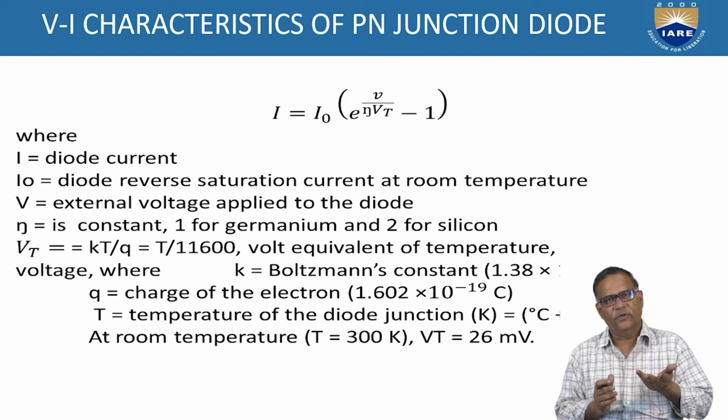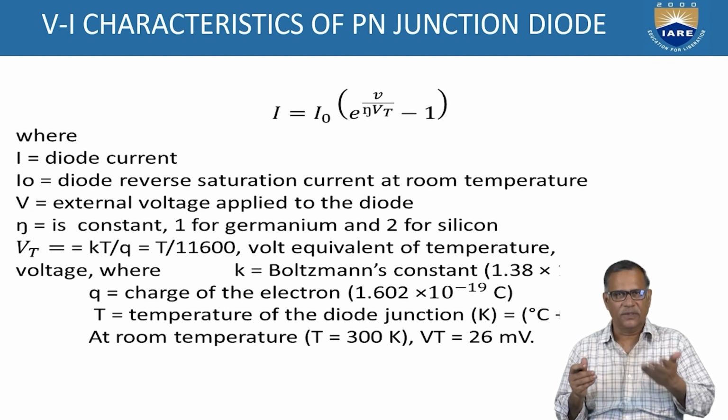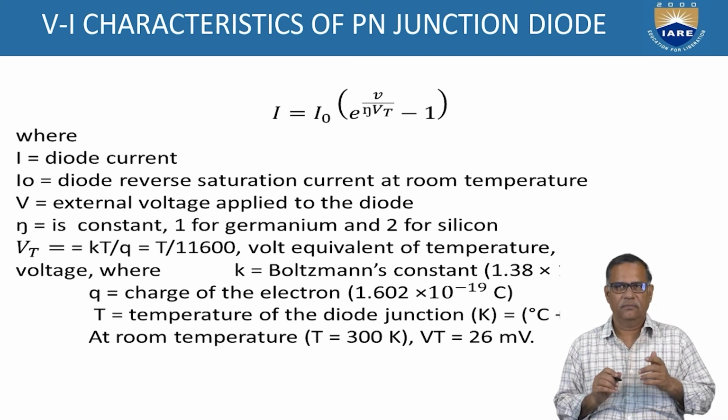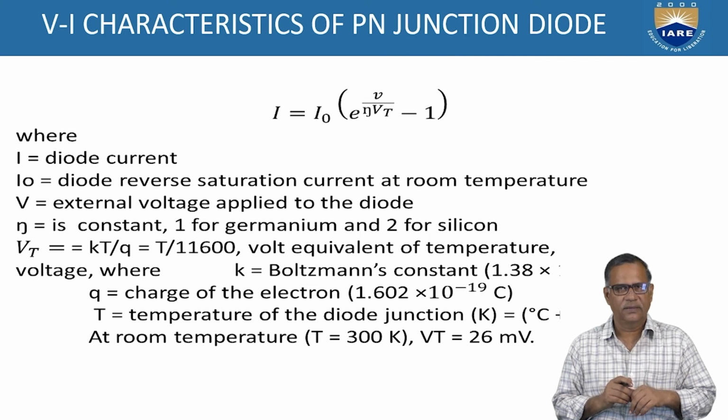It can be a forward voltage or reverse voltage. In forward bias, V is positive. In reverse bias, V is negative. And eta is a constant. Eta is equal to 1 for germanium and it is 2 for silicon.